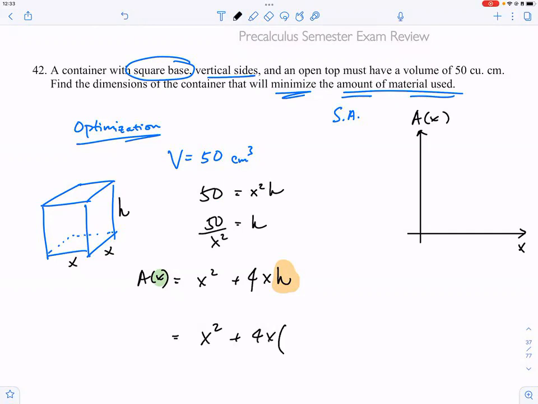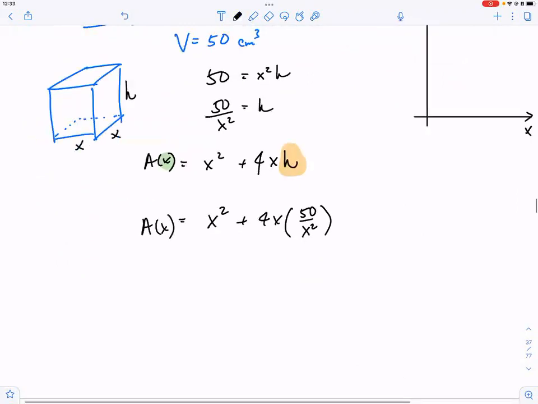You can substitute the h with 50 over x squared. That's your area. All right, and you can simplify this a little bit and say this is 200 over x.